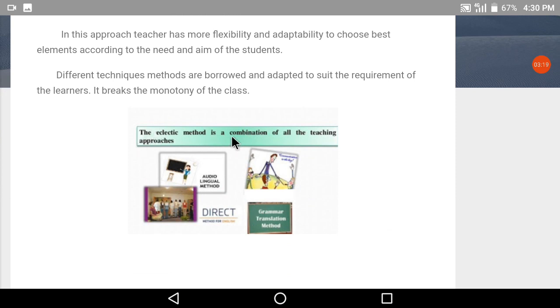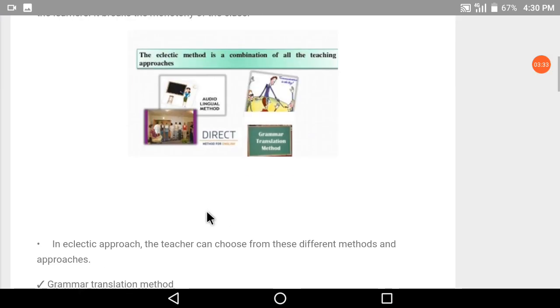The eclectic method is a combination of all the teaching approaches like the audiovisual method, ELT method, grammar translation method, direct method. All the methods will take place in one approach.